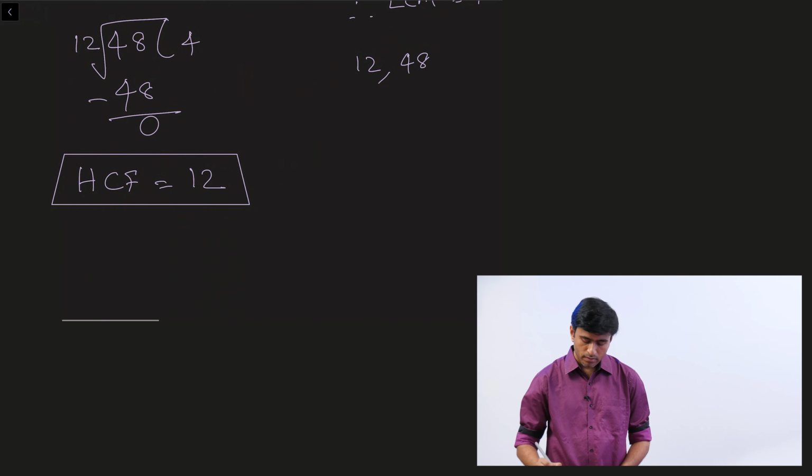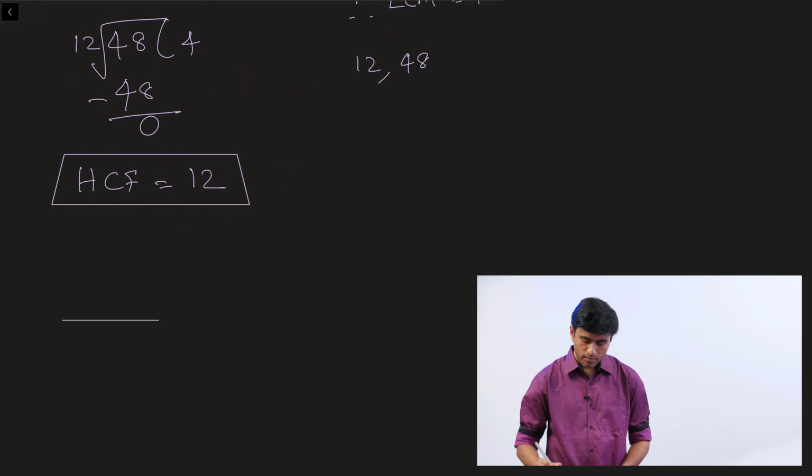So here's the property. The LCM of two coprime numbers is always the product of the two numbers. Let's take 3 and 7. The HCF is 1 because they are coprime numbers.